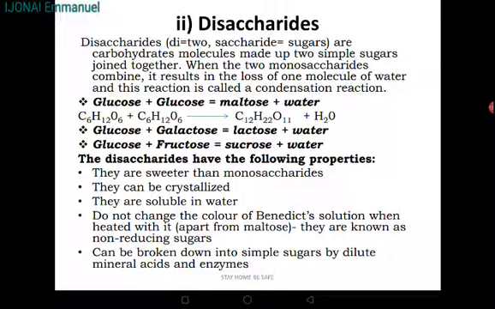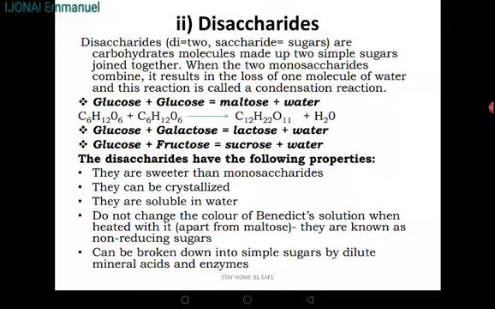You realize it is very sweet, and that's why we use it for making tea. And then they can be crystallized. They form crystals. If you have ever looked at sugar properly and you touch it, you'll feel some solid particles. Those are called crystals. So disaccharides can be crystallized.